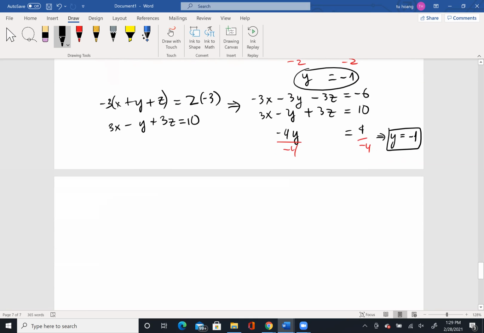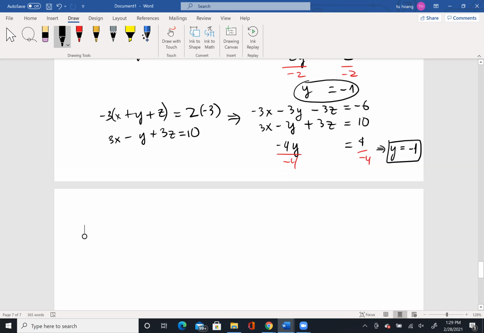So what you do is you substitute back into the system. The new system is going to be x plus y, but y now is -1, right? And then plus z equal to 2.